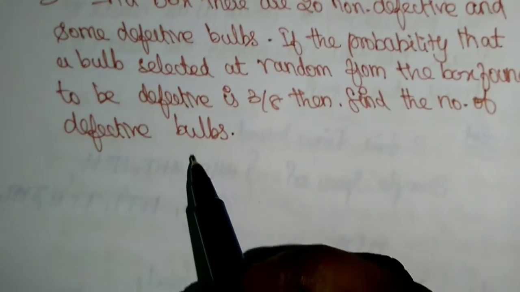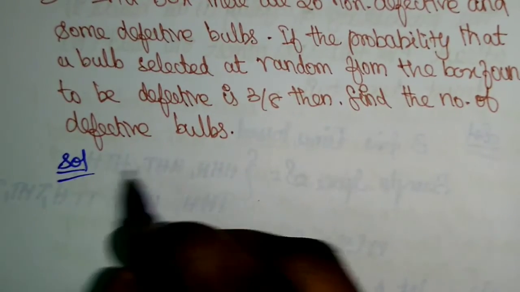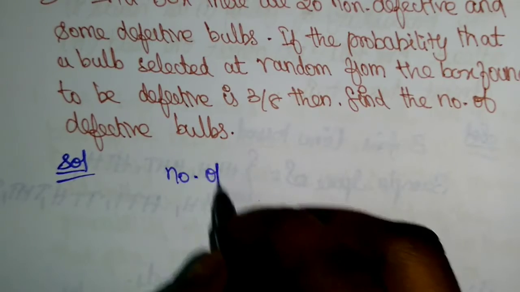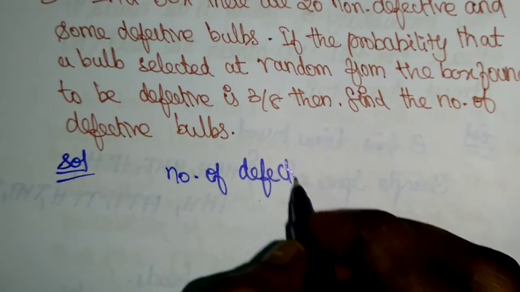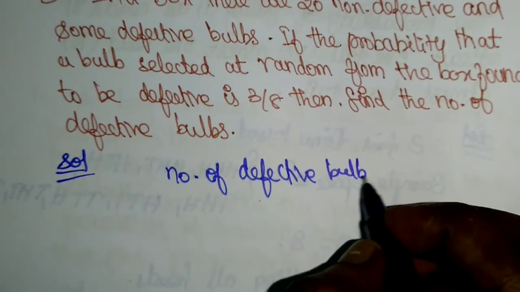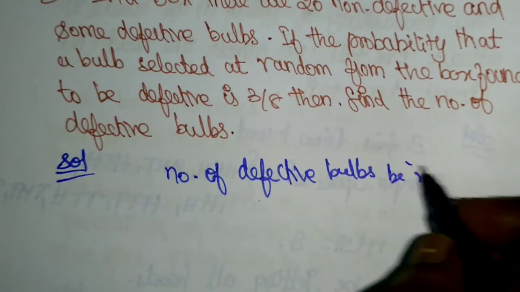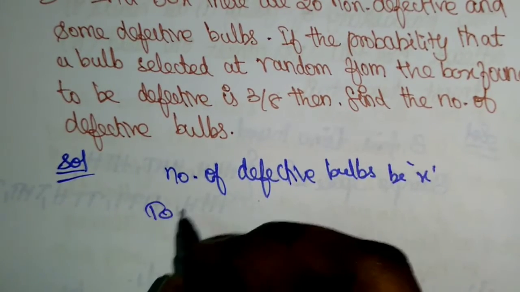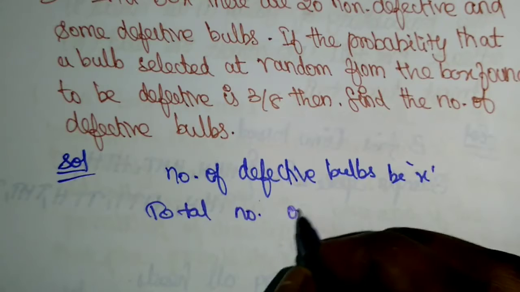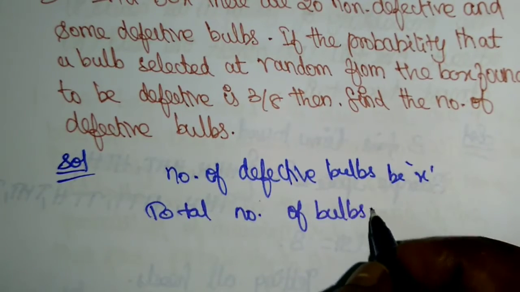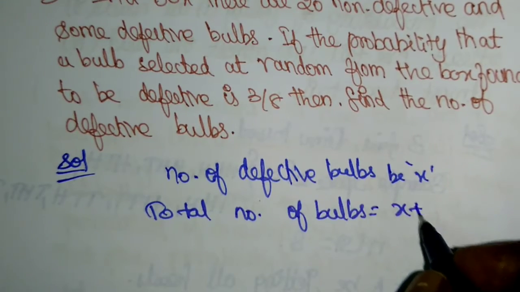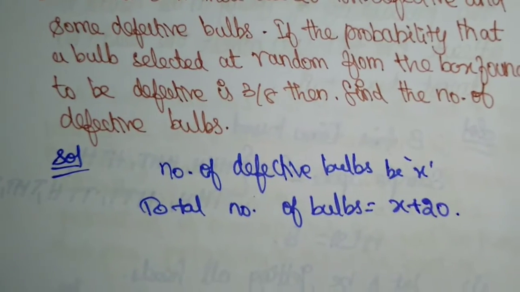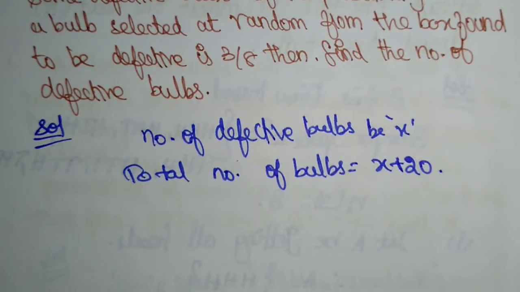Now solution, here let the number of defective bulbs be x and the total number of bulbs is equal to x plus 20. Here we are given 20 non-defective bulbs and some defective bulbs.